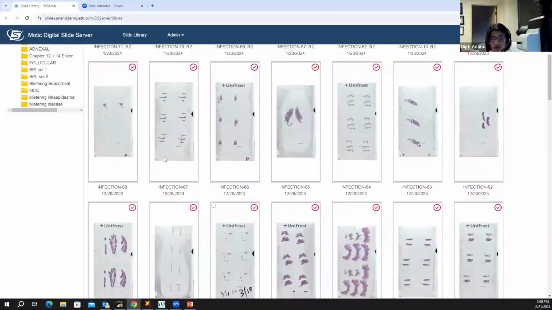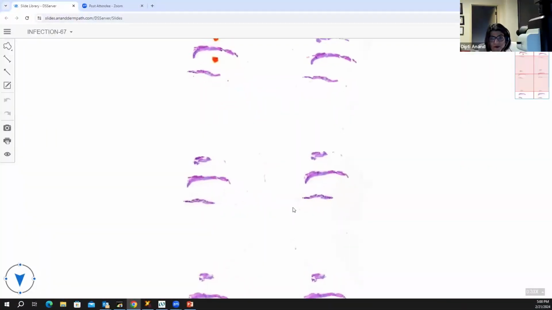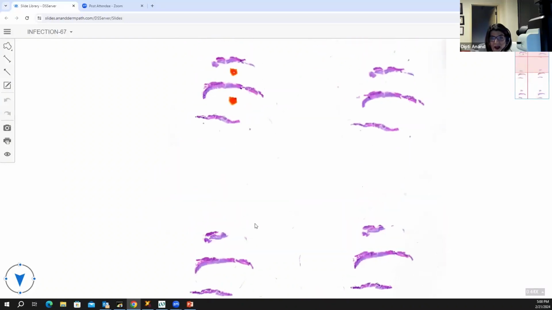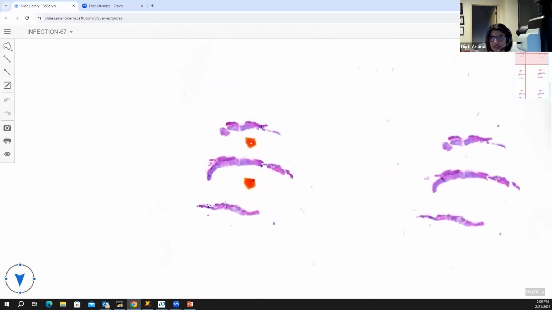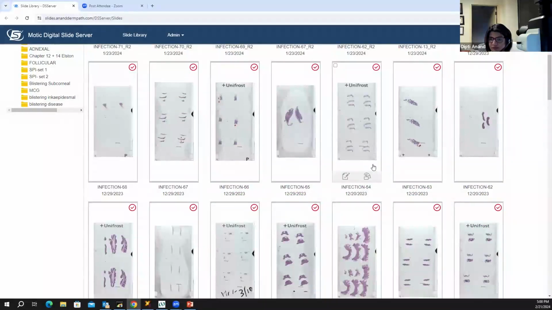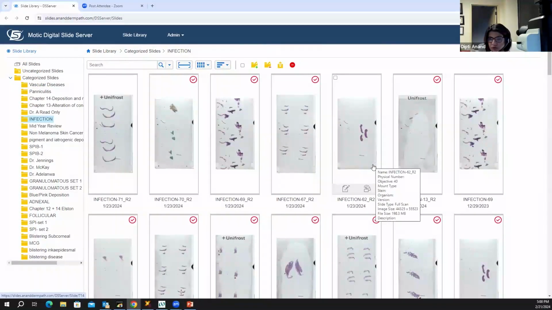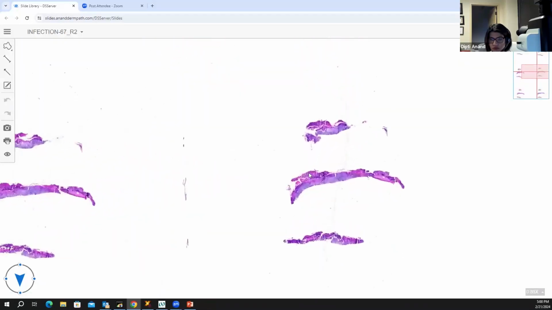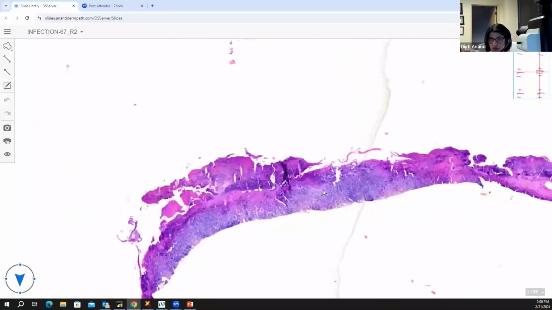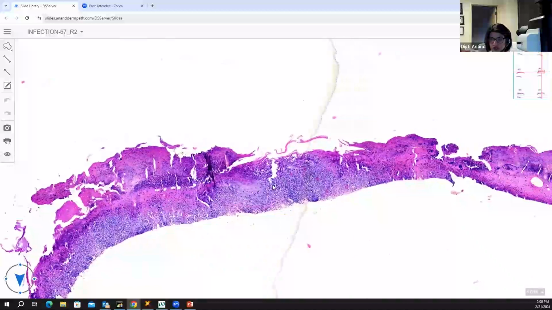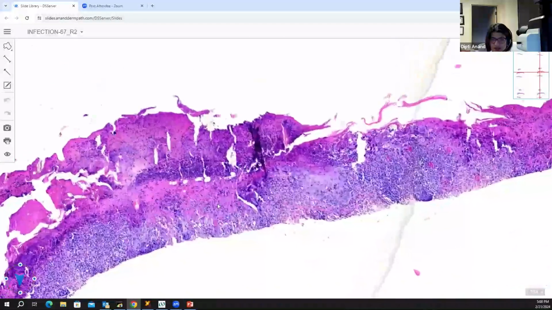These slides can look really busy. This one didn't scan well. Let me show you. So, lots of erosion and crust. You can see the nice ulcer.